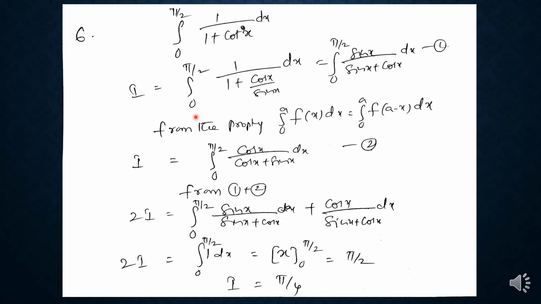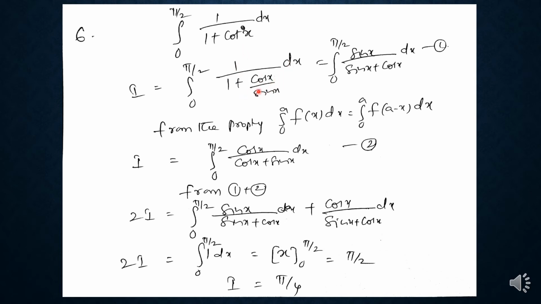If we see the limits, integral 0 to pi by 2, and the trigonometric function is there in the integrand. Now write first cot x as cos x by sin x. Then the given integrand becomes I is equal to integral 0 to pi by 2 1 by 1 plus cos x by sin x dx.